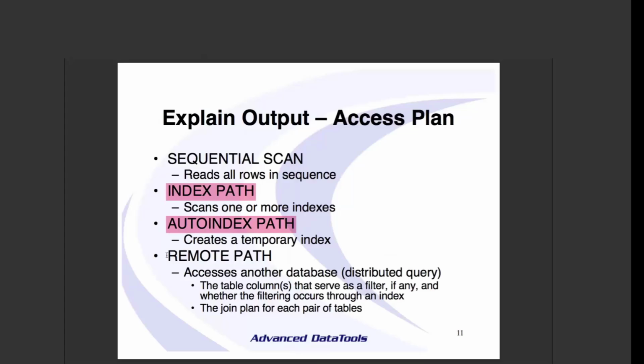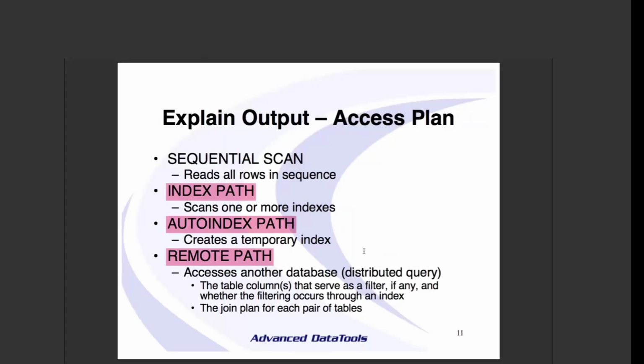The final access plan is remote path. And this basically means this table you're accessing is on a remote server and I don't know anything about it. It sends that part of the query to the remote server and depends on the remote server having the stats and sending the data back.